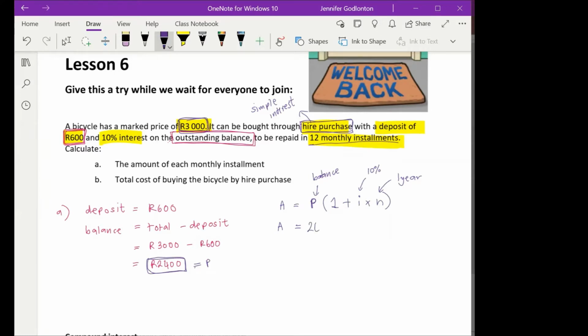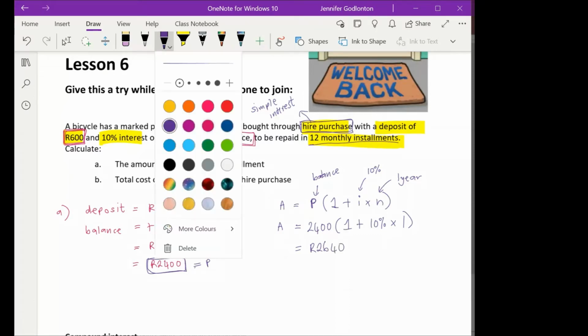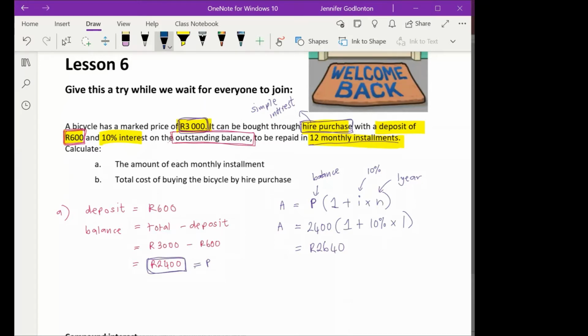So we're going to put in that P value, 2,400, times 1 plus our interest rate, which is 10%, times 1 year. Here we go. And we get a total of 2,640 Rand. Okay, but we've done all of this work and we still haven't finished answering the question.